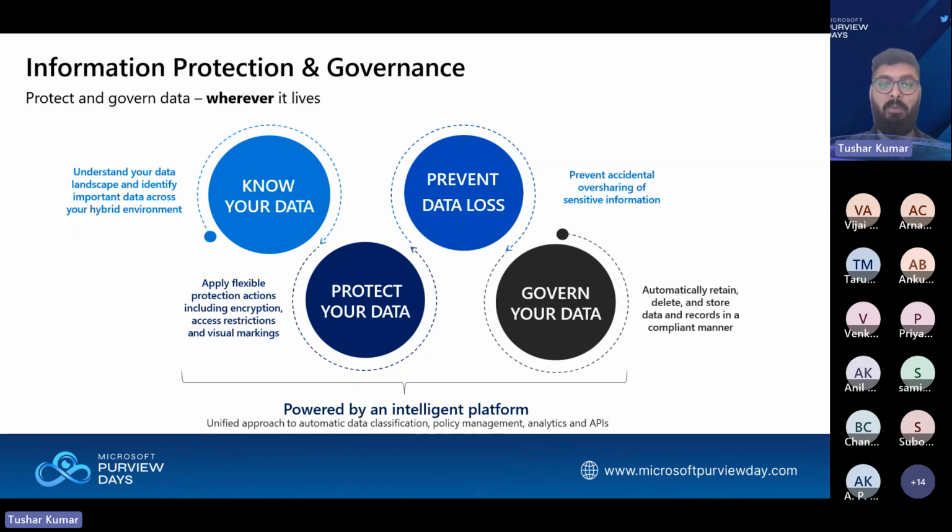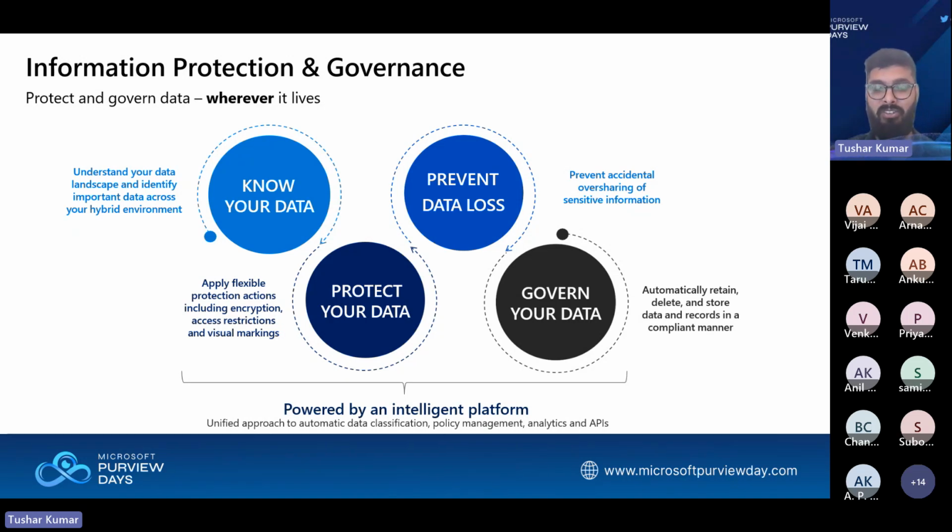Second thing is going to be protect your data, where you have a lot of options around it, putting encryption, putting access restrictions, putting watermarks on your documents and all those things. That way you can protect your data, and then comes the loss of data. So basically, preventing the accidental oversharing of information.